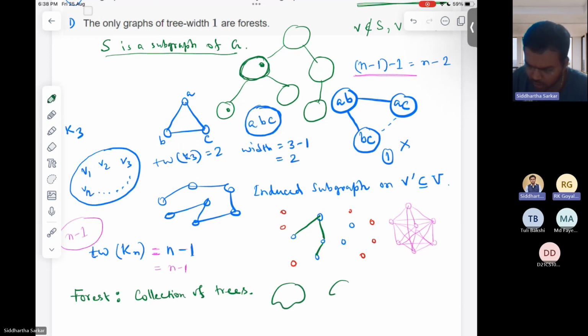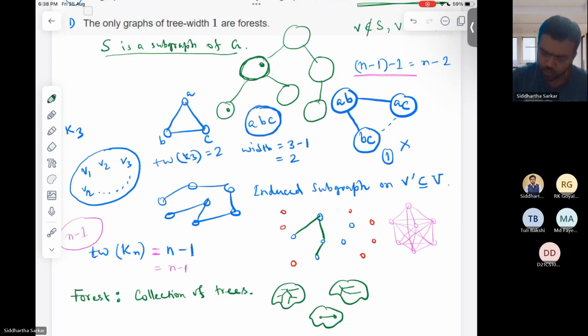There may be several connected components, but each connected component is a tree inside. And one single edge is also a tree. A single tree is a forest having just one tree. So therefore, this last option is correct.